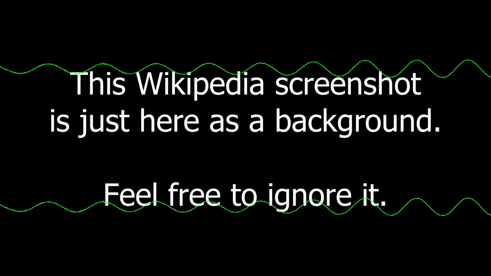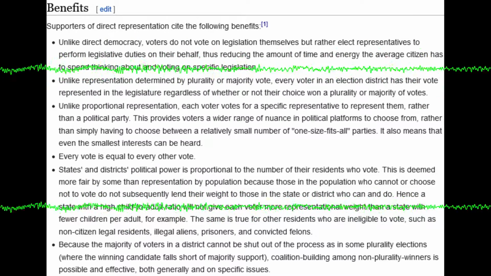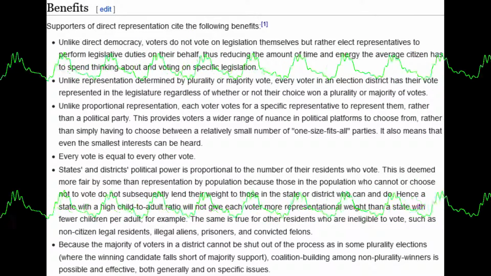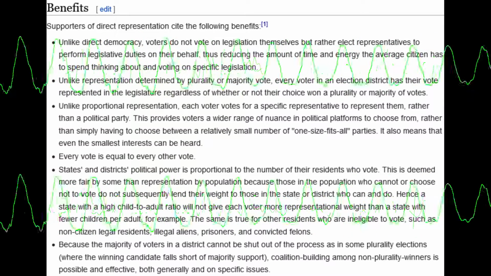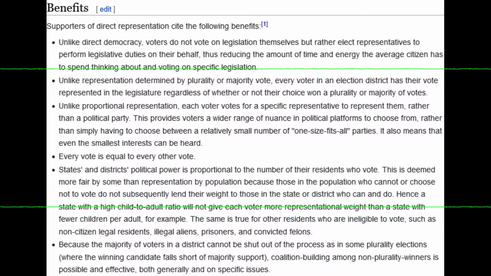So this allows minority representation. It ensures that we have no wasted ballots, and it also conveniently dodges the issue of gerrymandering because it renders concepts such as packing and cracking to be meaningless.